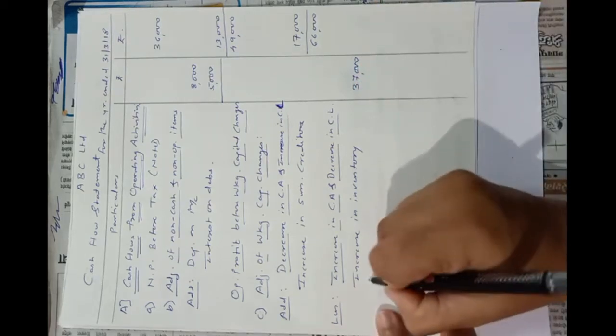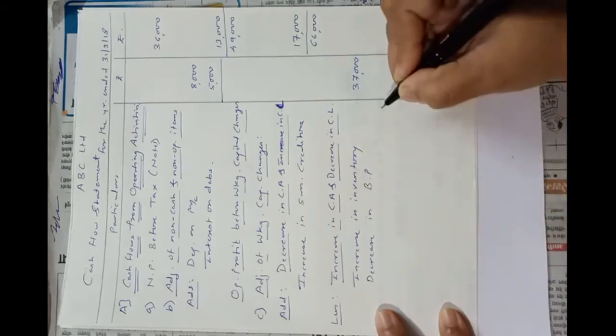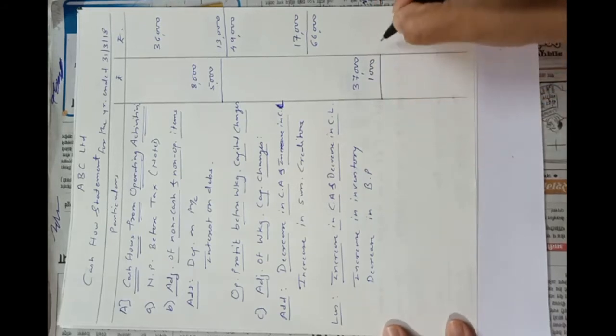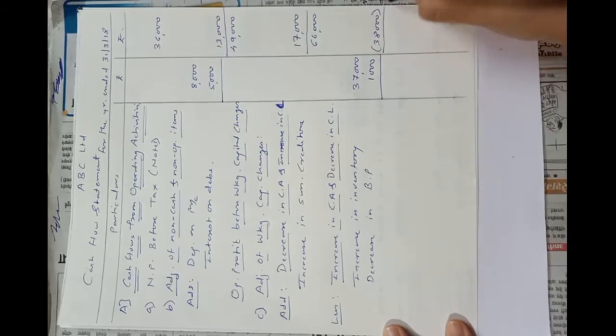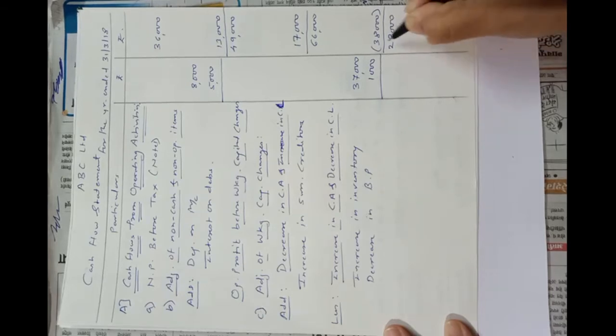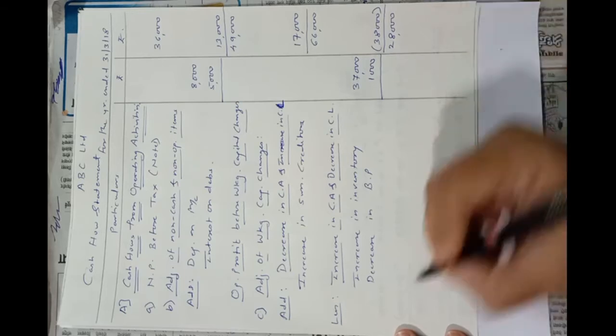So there is decrease of rupees 1,000, so 1,000. Okay, so now we have to deduct 38,000 here from 66,000, and after deducting 38,000, it is 28,000. Correct, 28,000. Okay, this is net cash flow from operating activities.